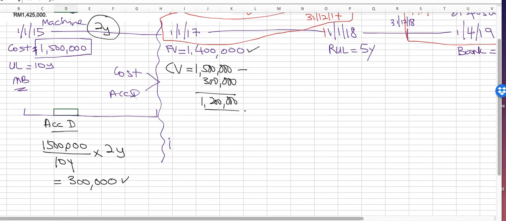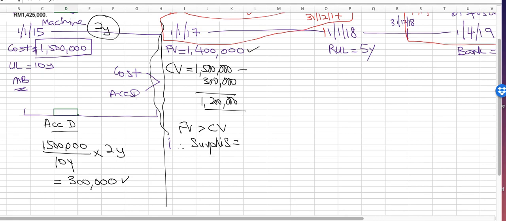Okay, therefore your fair value is more than your carrying value. So fair value is more than carrying value. Therefore, you get a surplus of 200,000. Okay.